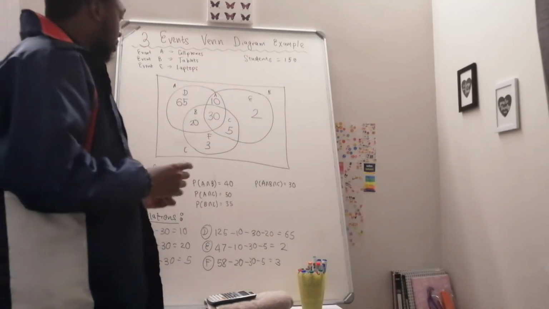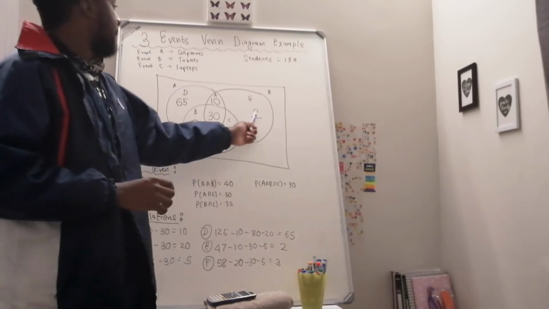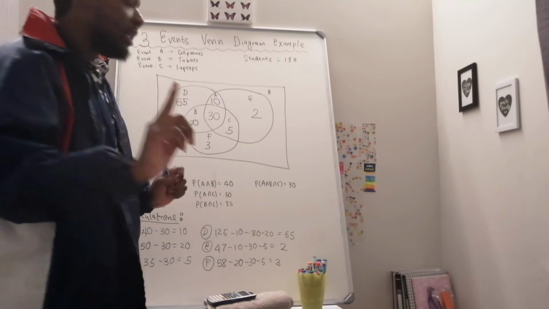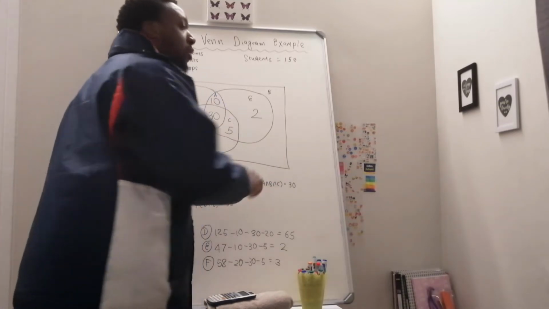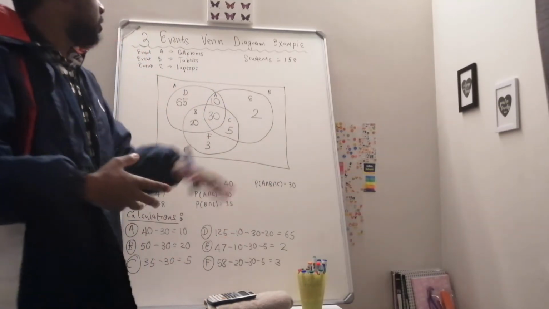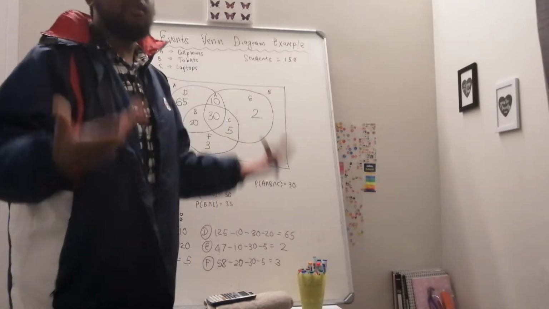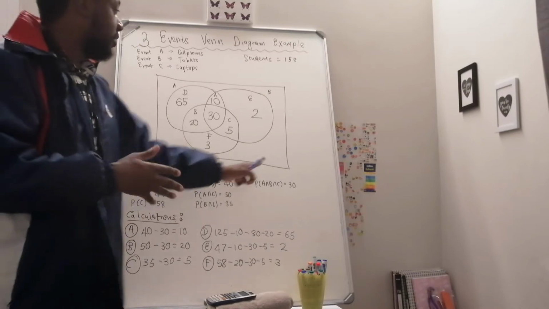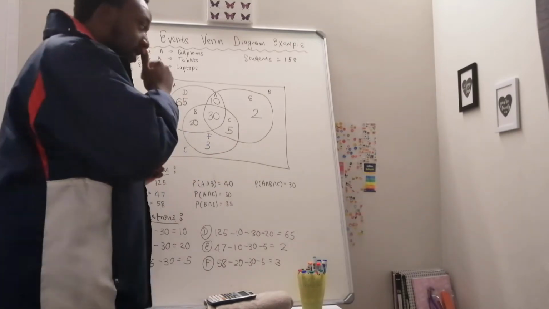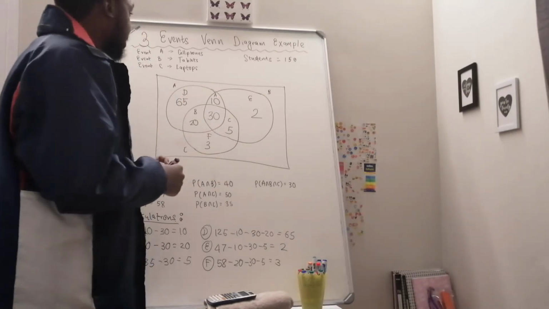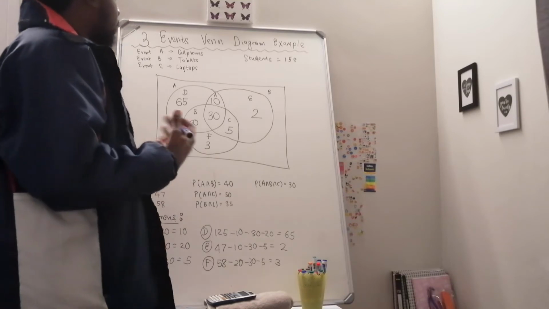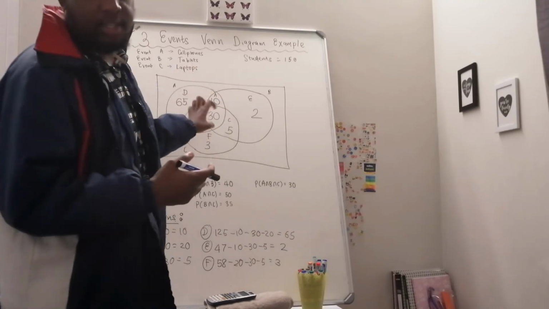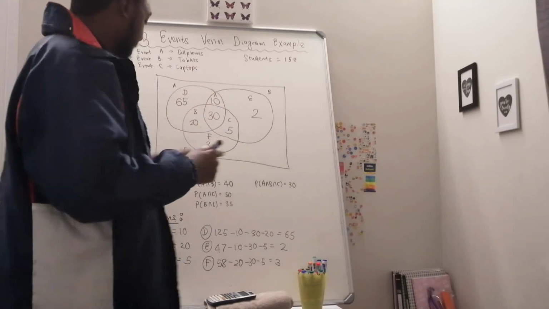So now everything is labeled, everything but the area where the students have no phone, no tablet, and no laptop. This area right here. So let's find it. How do you find that area? Well, you could just take the total and subtract all of these.